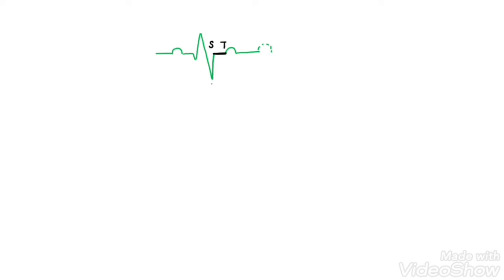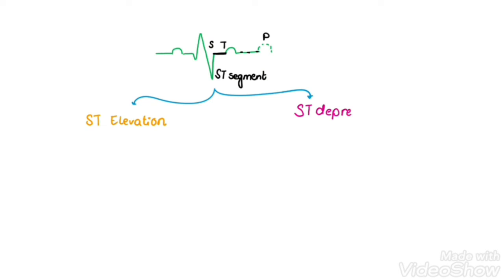The ST segment is the next important thing in ECG. ST segment can be abnormal in two ways. Either it is elevated, known as ST elevation, or it is depressed. In both cases, the ST segment is always compared with the TP segment, which is always on the baseline. The ST elevation looks like this, and ST depression looks somewhat like this.